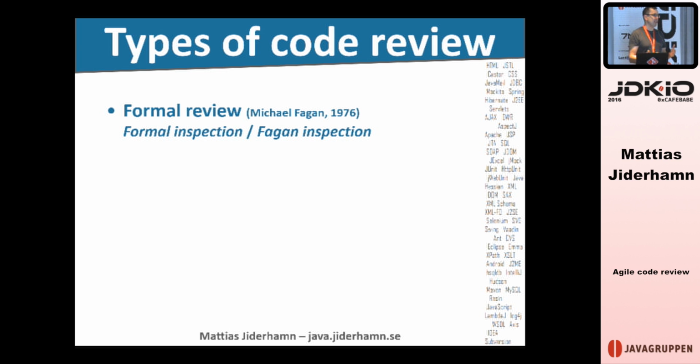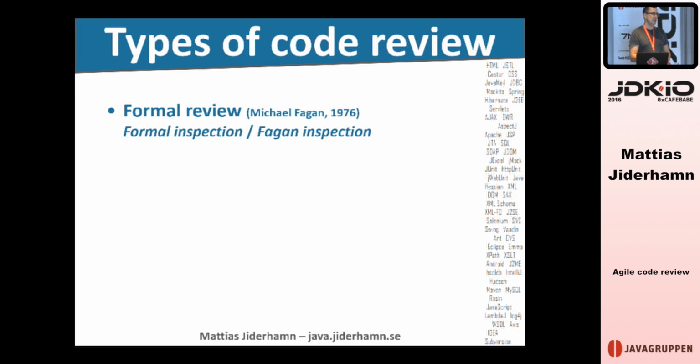The author of the code will collect the material to be reviewed and send it out to a number of people, usually between 3 and 6 people, and also call a review meeting. Then these 3 to 6 persons will study the materials and attend this meeting, and there's a moderator that organizes things, and they take turns.